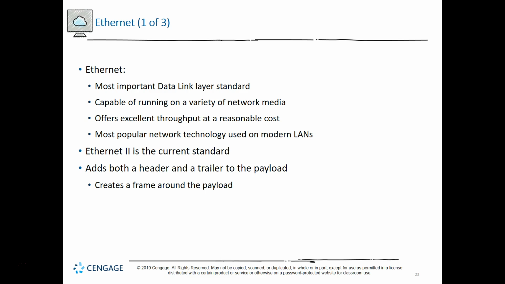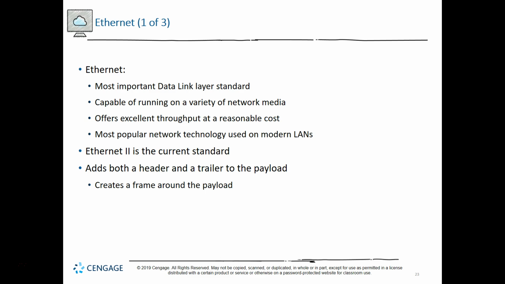This is how all of these computers work together, because we can run Ethernet on all different types of media. It can be on fiber, it can be wired, it can be wireless. There's more than one standard. We have somewhat standardized on Ethernet 2 as the most common, and it puts a header and a trailer on everything.